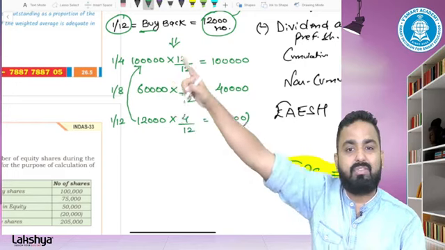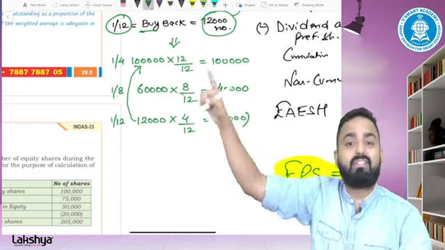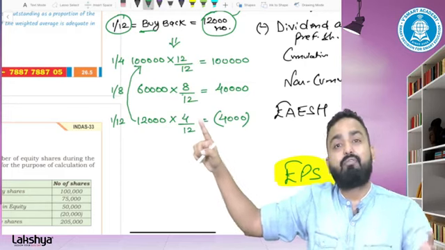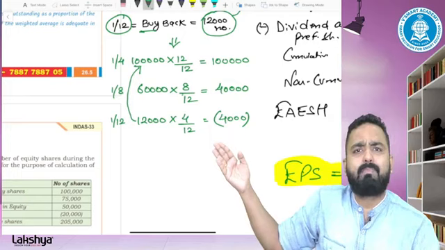That means we already assumed that these were outstanding from April to March. But this is not the right case. They were outstanding from April to November. So, I need to deduct for the rest of the 4 month part.